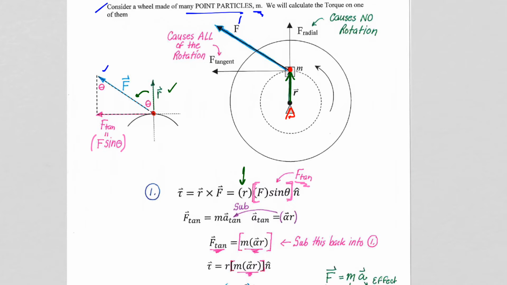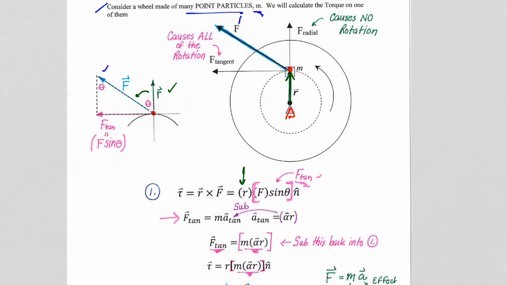Since F sine theta equals F tan, we know from Newton's second law that F tan equals m a, where a would be a tangential. Since the point particle we're looking at on this wheel is also rotating in a circle, we can replace a tan with alpha r.